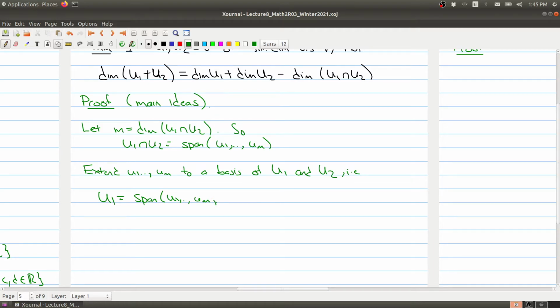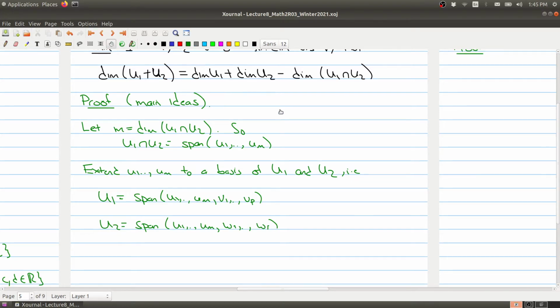Then we can keep adding new vectors, v1 through vP, until we've found a basis for U1. This is something we proved in the last lecture. We can do the same thing for U2: take u1 up to uM, and then keep adding vectors of U2 that we haven't seen, let's call them w1 up to wR, until we get a spanning set for all of U2.